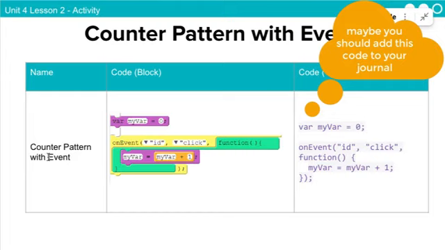So what happens is you create the variable, and we're just calling this my var. It could really say anything like apple. So let's say we have an app where you click the apple. So if it starts at 0, every time we click the apple, the number increases.